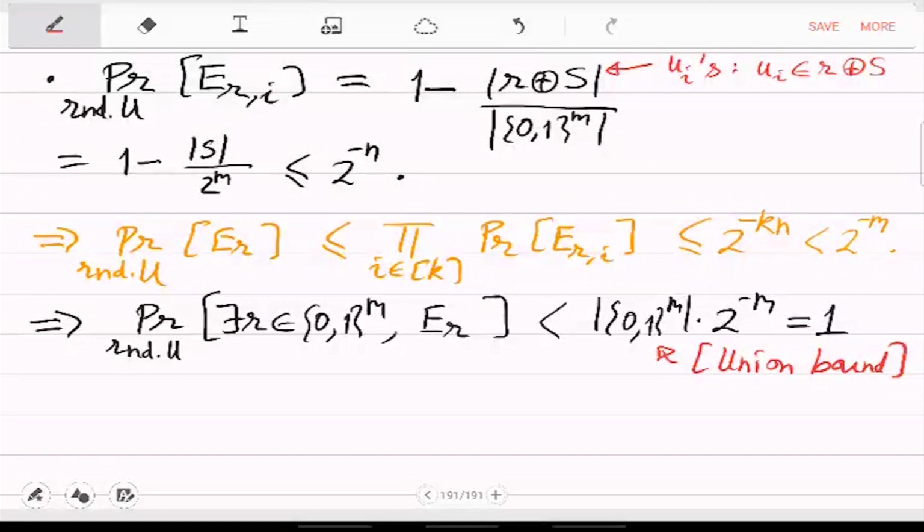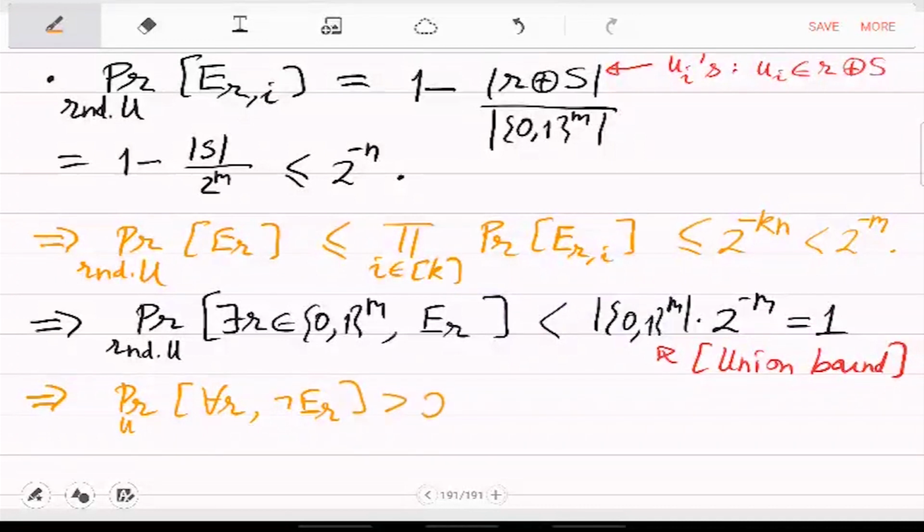So hence the probability that there is some string outside gamma U S for random U is actually less than 1. That's the probability, which means that the probability over random U that all the R's are covered doesn't fail.